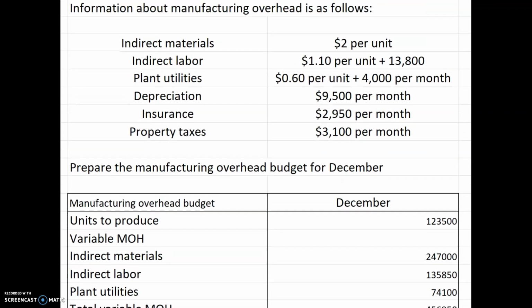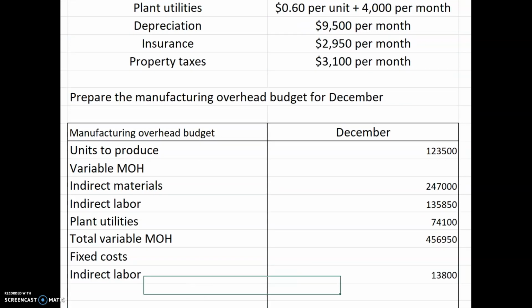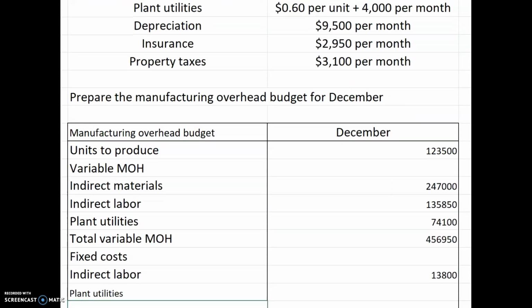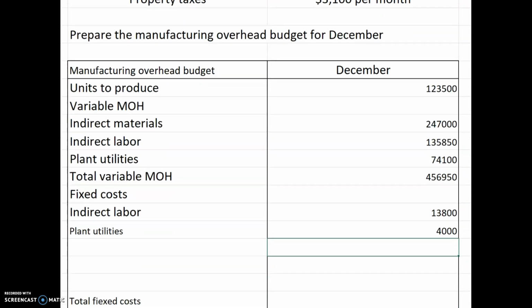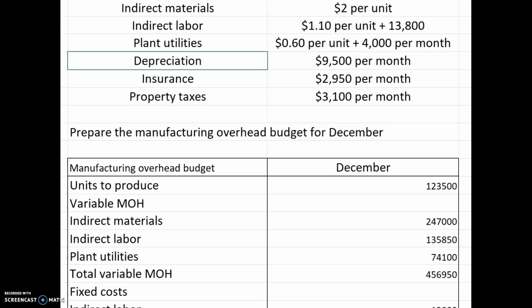So our indirect labor, we can see the fixed cost piece is $13,800. Okay. Plant utilities, the fixed cost was $4,000. Then we've got depreciation of $9,500. Insurance of $2,950. Property taxes of $3,100.